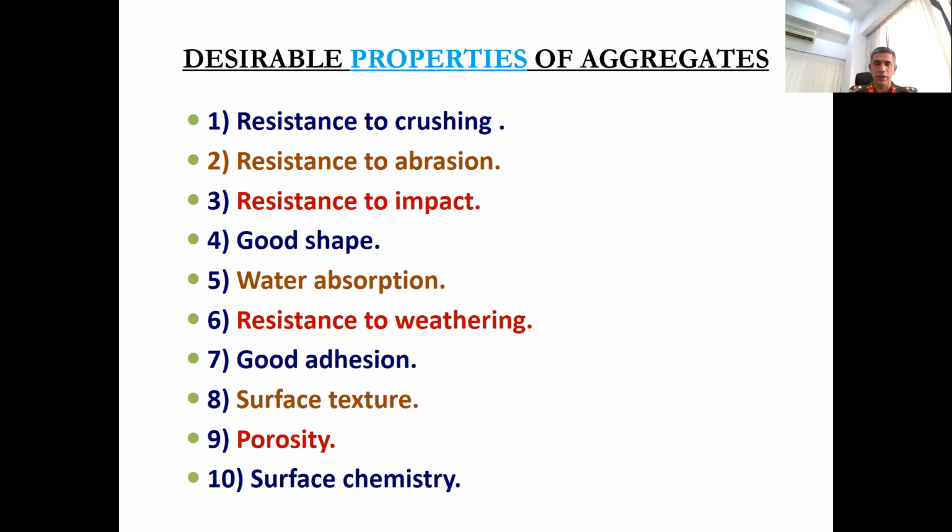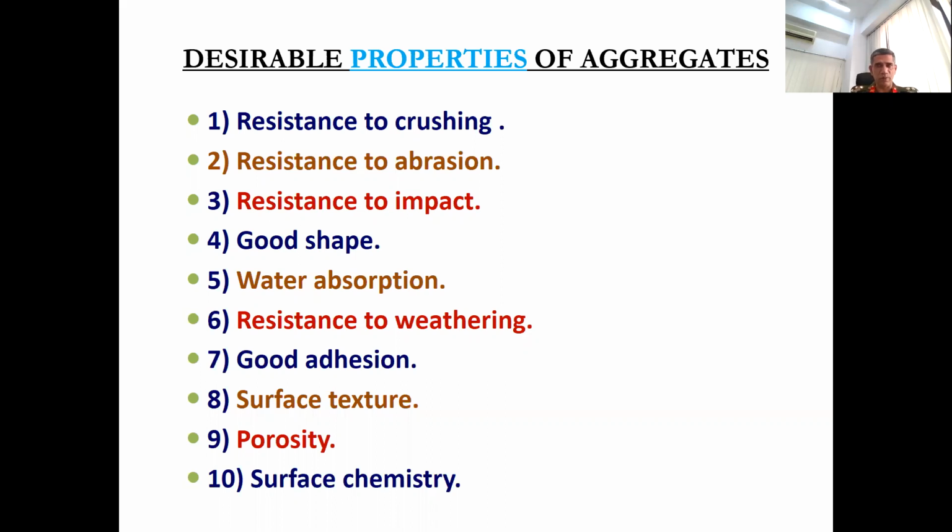Porosity, I discussed already. If aggregate is porous, it will absorb more water, or more bitumen, or more cement. And surface chemistry of the aggregate: some aggregates are electropositively charged, and some are electronegatively charged. With aggregate, in case of highway construction, you use bitumen.